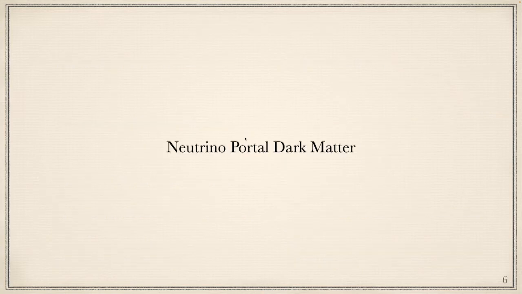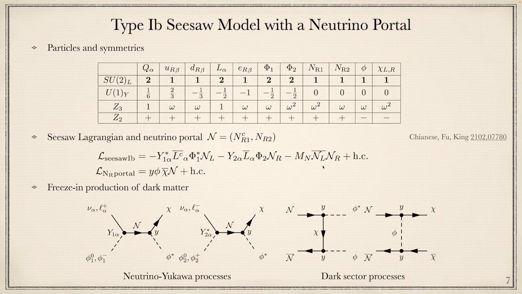Okay, then let's see how neutrino portal dark matter works in the type 1b Seesaw model exactly. Here is the particle content of the model. We have 2 Higgs doublets, 2 right-hand neutrinos, a dark fermion, and a dark scalar.